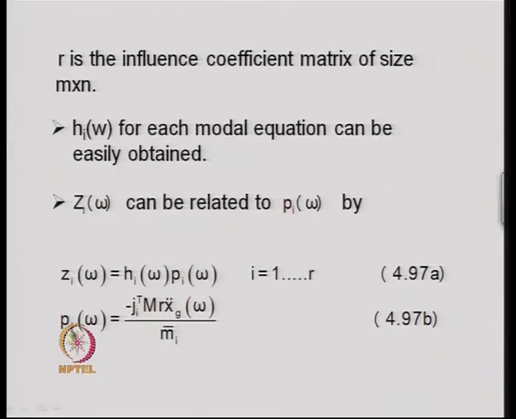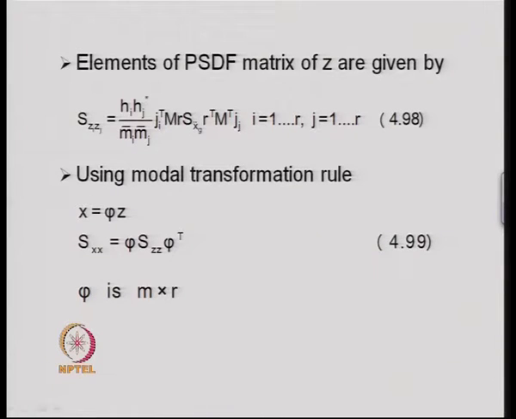So, once we are able to describe P_i(omega), that is the ith generalized load, then using that one can write down S_ZiZj, that is the cross power spectral density function between the two modal displacements Zi and Zj, as H_i into H_j star, then phi_i transpose M R S_x double dot g R transpose M transpose phi_j, and both i and j vary from 1 to r, where r is the number of mode shapes that we consider.